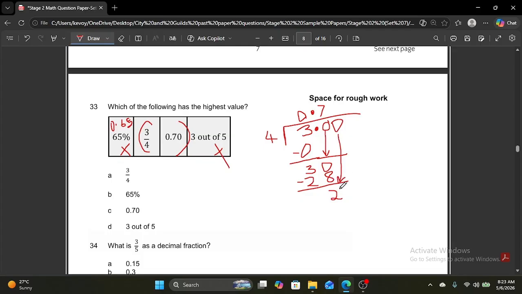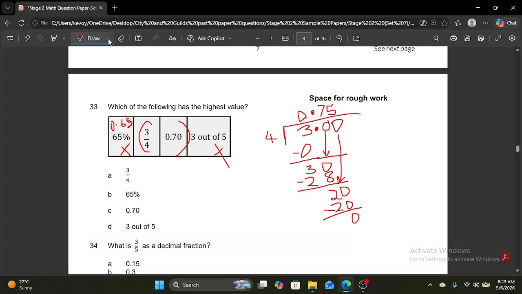So that's gonna be 0. So that's 20. After we bring down, we always repeat. So we're gonna divide 4 into 20, goes 5 times. So 5 times 4 is 20 as well. Subtract, and we have 0. So our answer is 0.75.